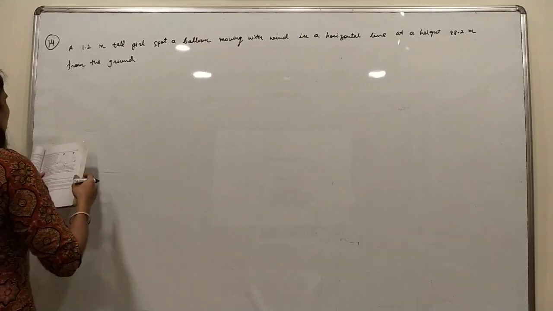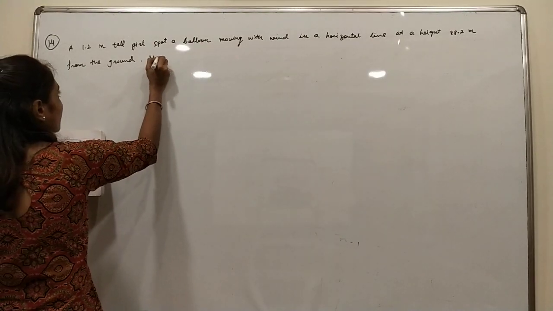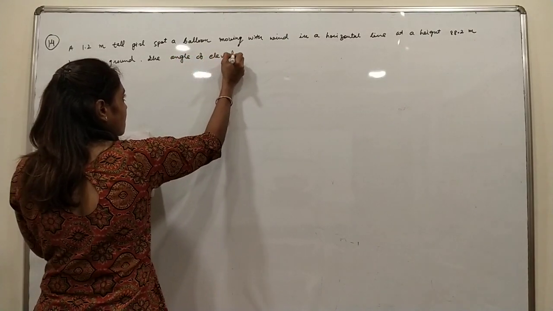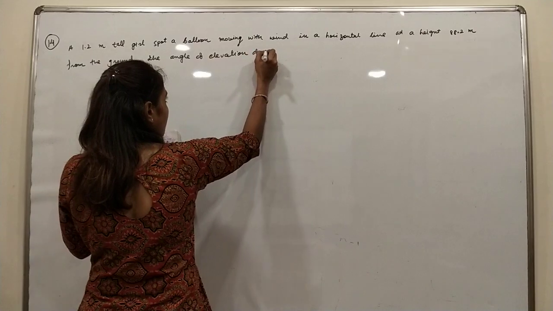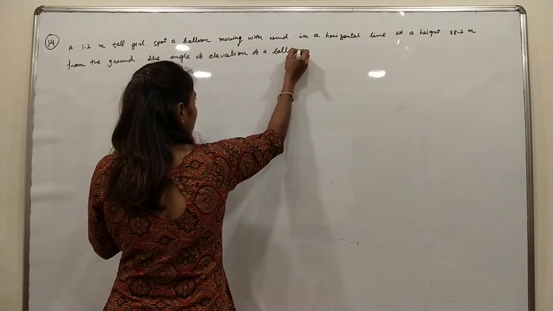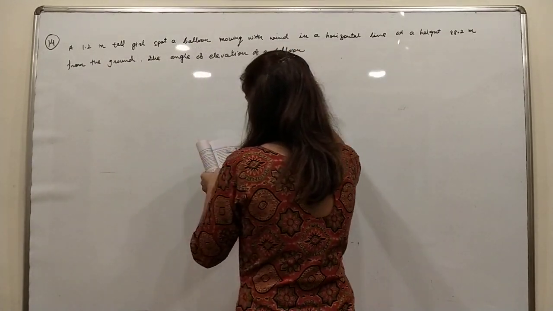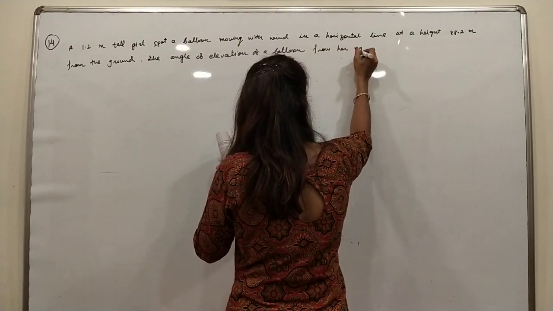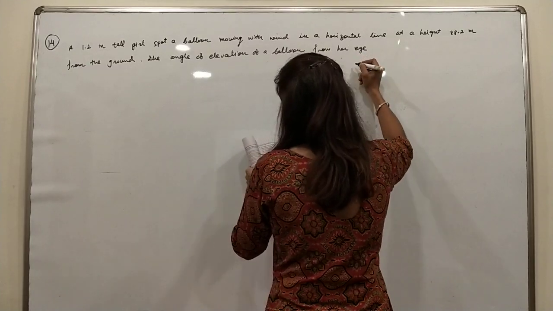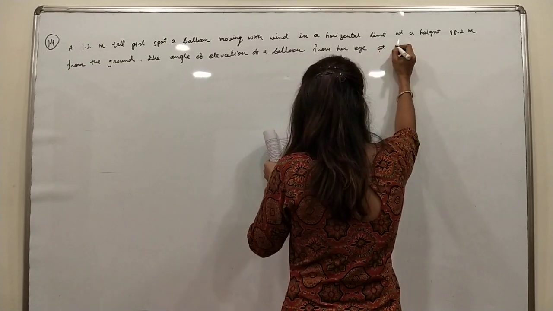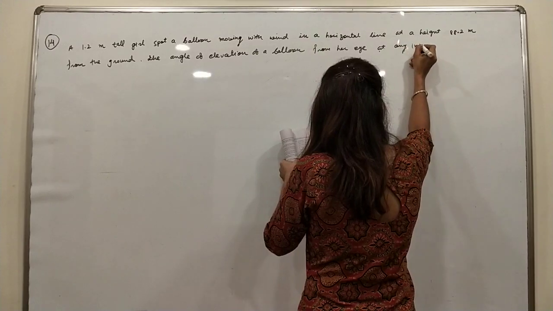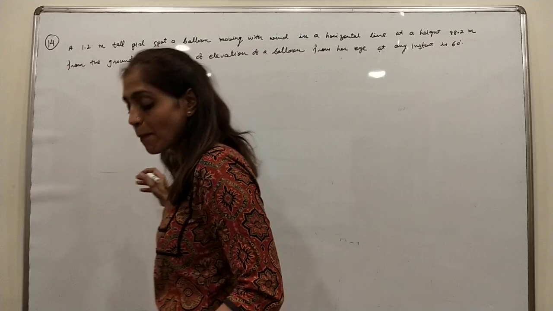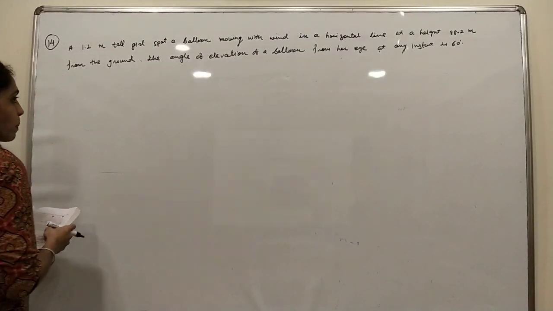The angle of elevation of the balloon from her eye at any instant is 60 degree. This is very important. Number 14 and 15 are most important.